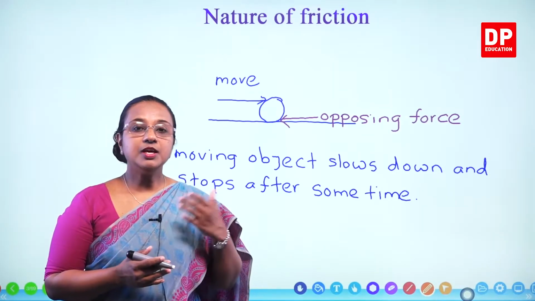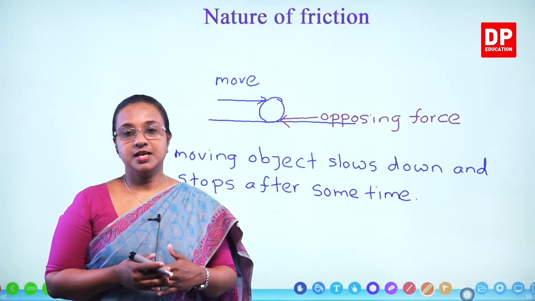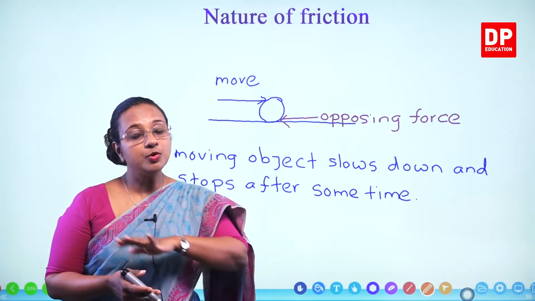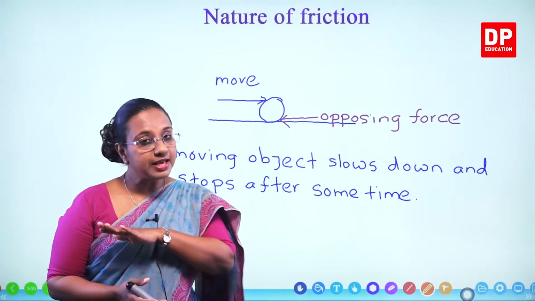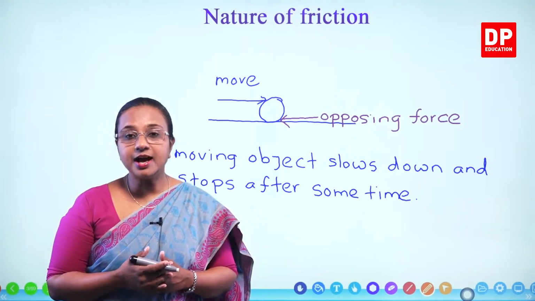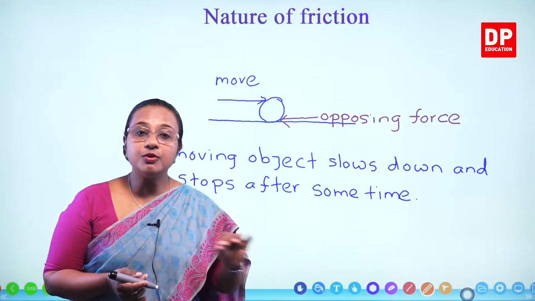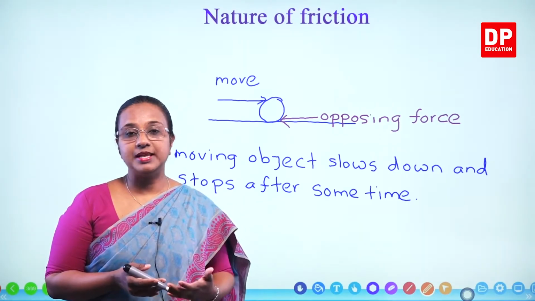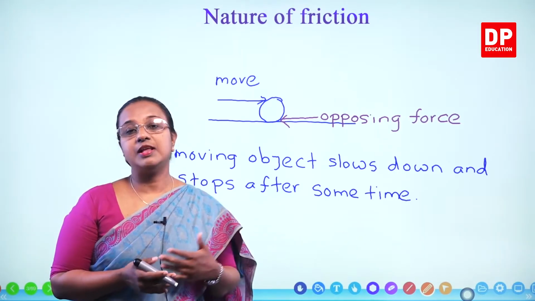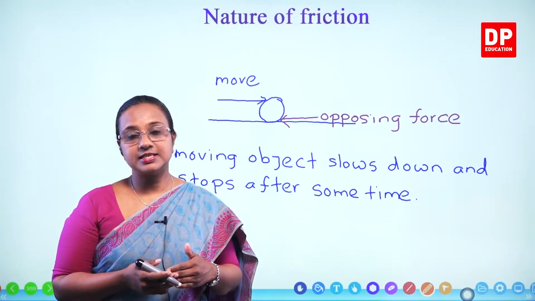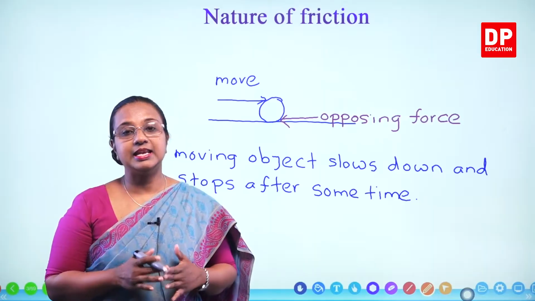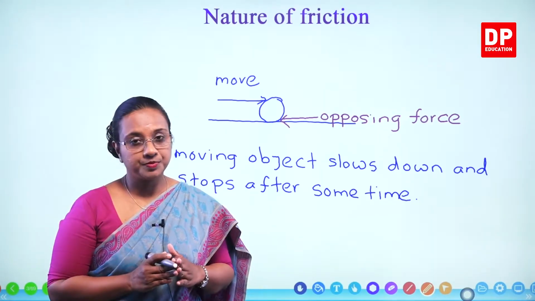Same way, we use a different surface, a surface that is even smoother than the table. Let's say a nice shiny tile. If you roll the pen or the pencil, there also it will move. But again, it might move for a longer distance, but in the end, it will stop.